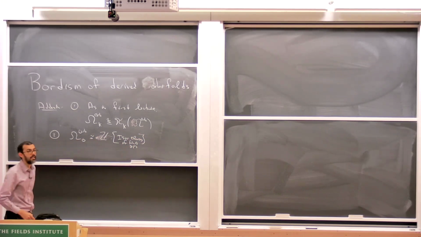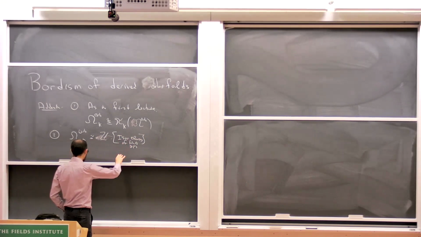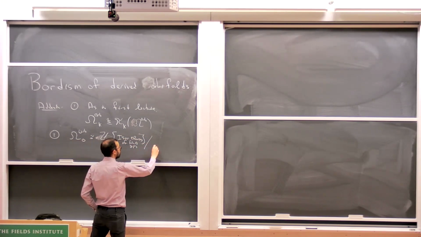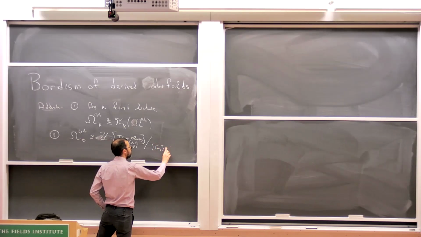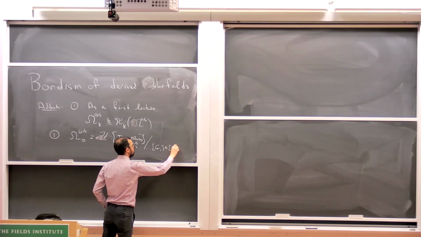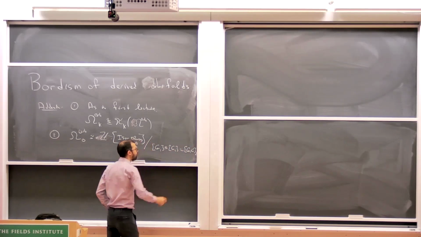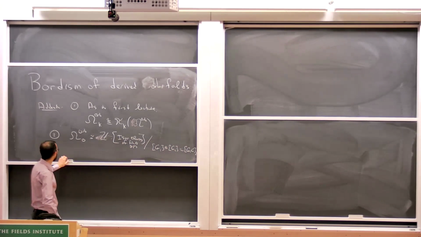I should say what I mean by that. This is really bad notation. There is the obvious relation, if you want to think of it as a ring modulo the relation, that the class of G1 times the class of G2 is the class of G1 times G2. So that's the relation that you have.